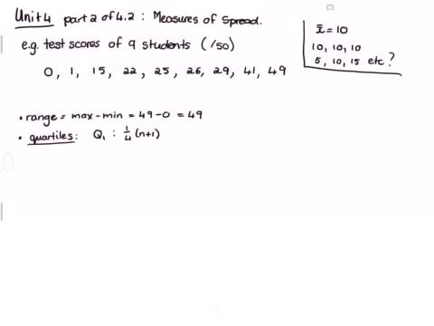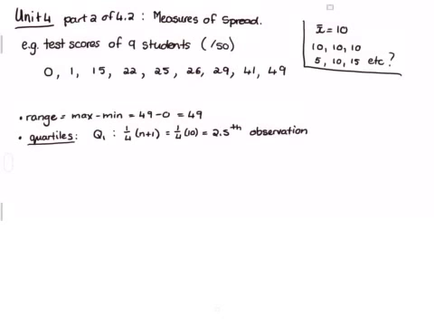And the n is the number of students, the number of data you got, in this case 9. So a quarter of 9 plus 1, a quarter of 10 is 2.5. Q1 is your 2.5th observation. That's not the value of it.